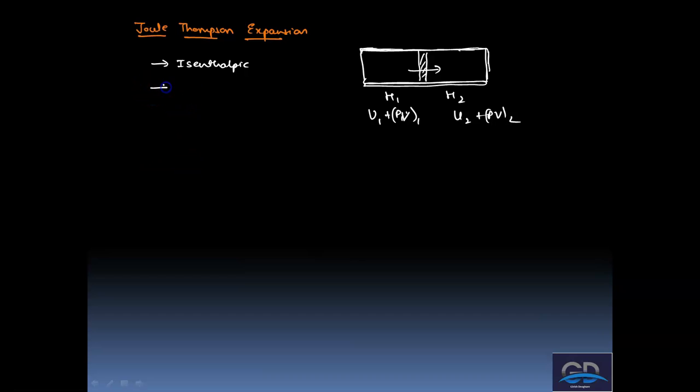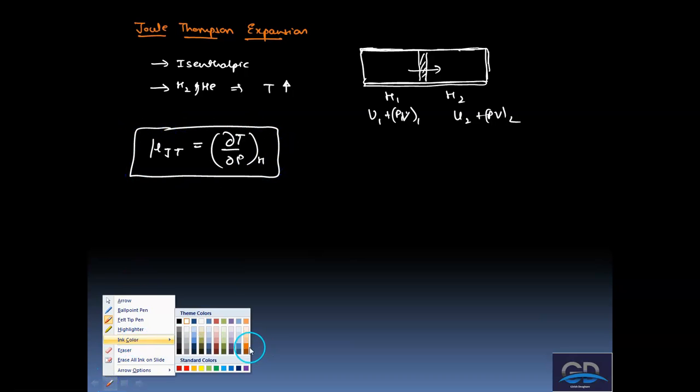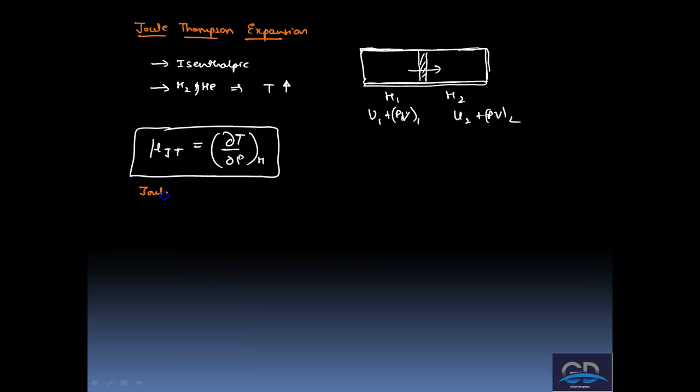For some real gases like hydrogen and helium, what happens is when you have this expansion, the temperature actually increases and not decreases. So we first define the Joule Thomson coefficient, which is mu JT, and we define this as the change of temperature with pressure keeping enthalpy constant. This is how we define the Joule Thomson coefficient.